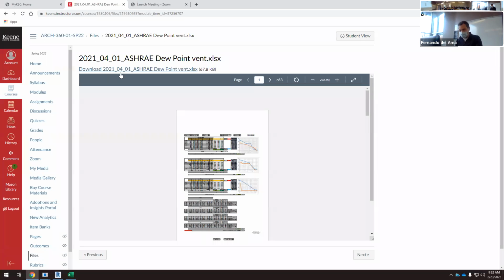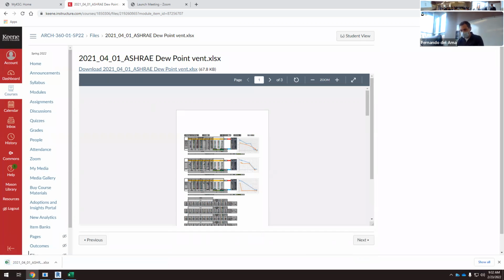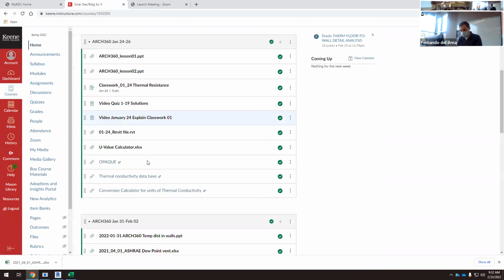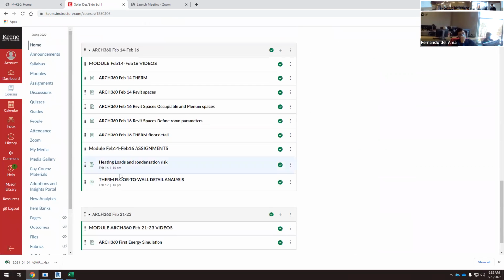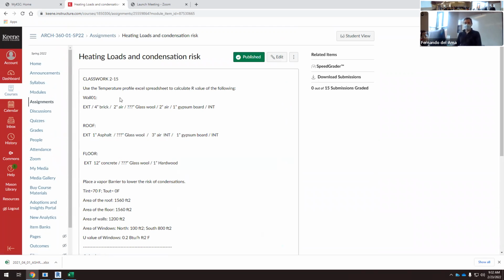Because the exercise was about heating loads and condensation. So this is wall, roof, and floor. Okay, so let's do it. Inside we have gypsum board, 1 inch.